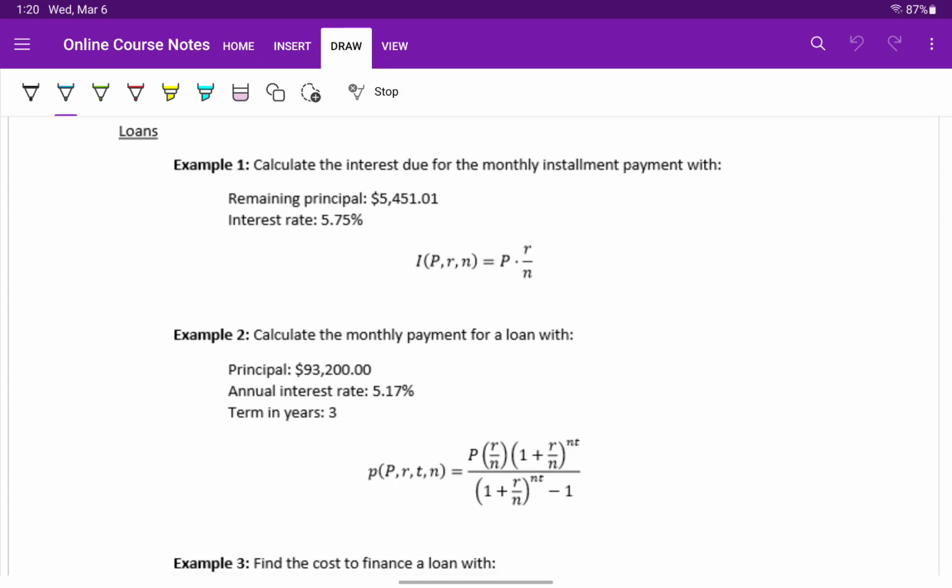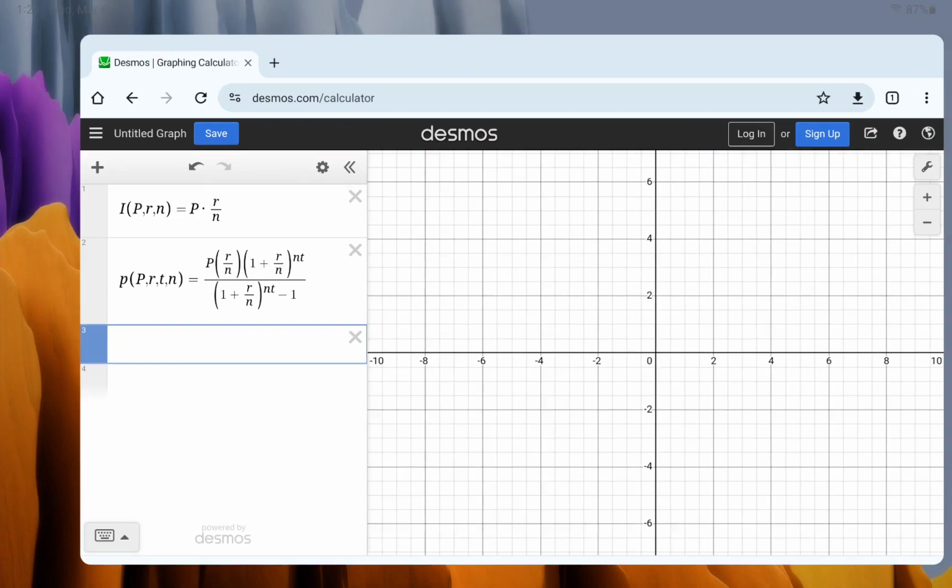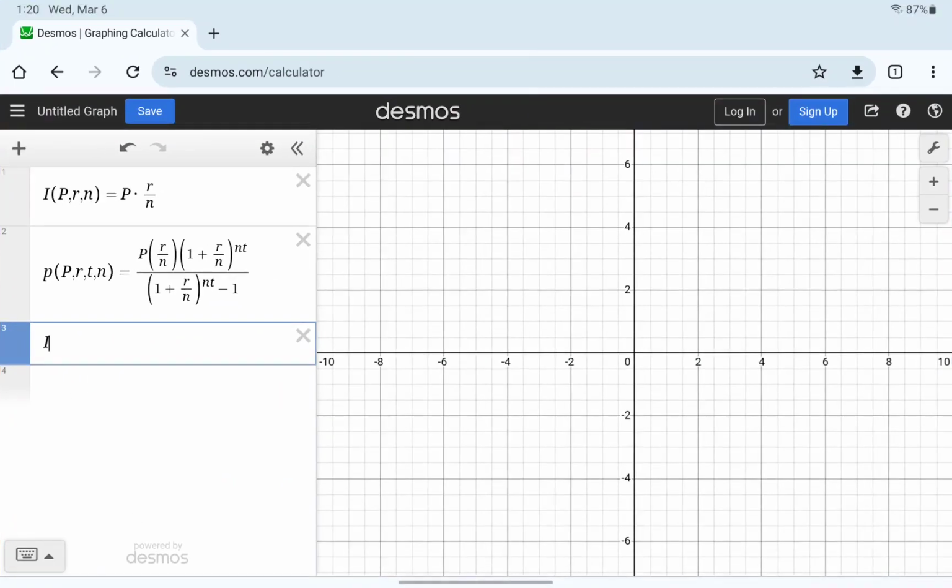In example 1, we want to calculate the interest due for the monthly installment payment with a remaining principal of $5,451.01 and an interest rate of 5.75%. We have a formula provided for calculating that interest due, and I've already set that up in Desmos.